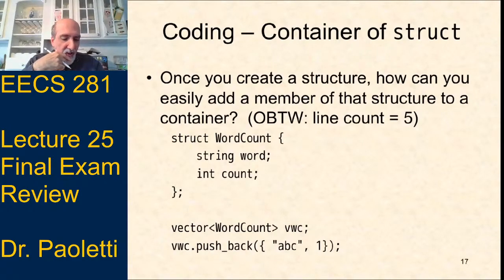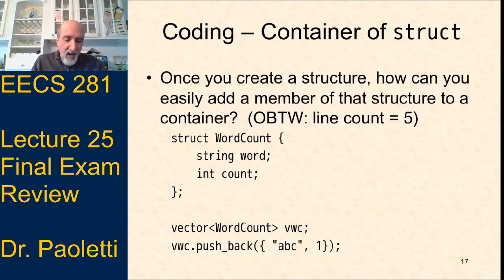There's a line in here that, if this was something, and I don't think I've done the practice or done the real exam problems, I don't remember if I did this or not. But if you ever need to do this, you don't need 4 lines of code to add a structure to, say, a vector.